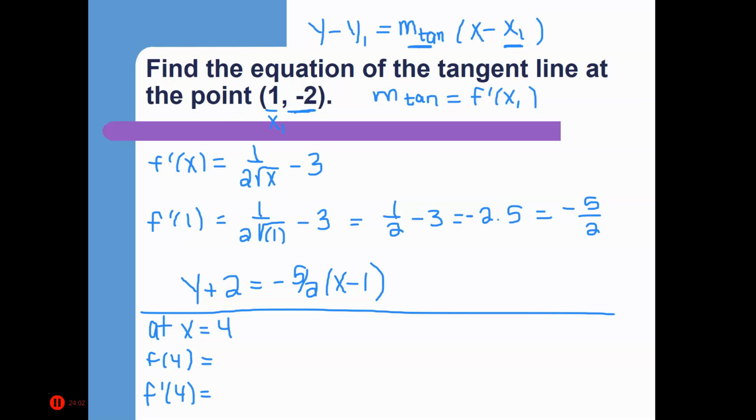So f of 4 would have been the square root of 4 minus 3 times 4, so 2 minus 12, or negative 10. And f prime of 4 would be 1 over 2 square roots of 4 minus 3, or 1/2 times 2, so 1/4 minus 3.